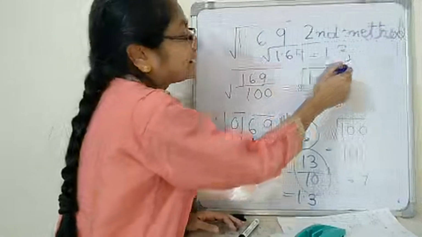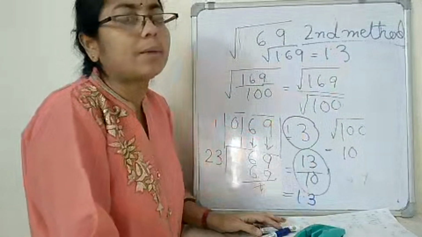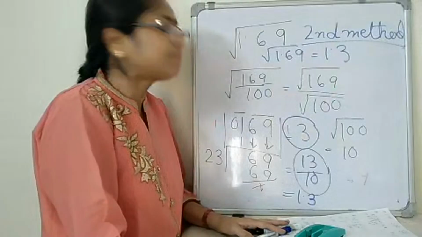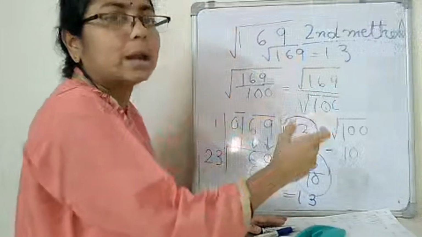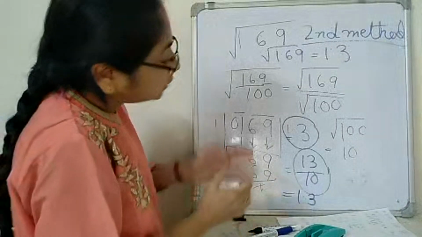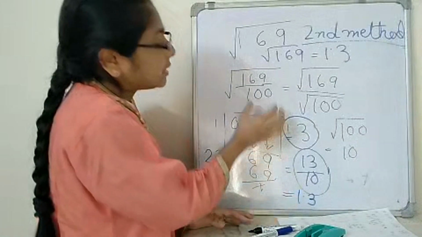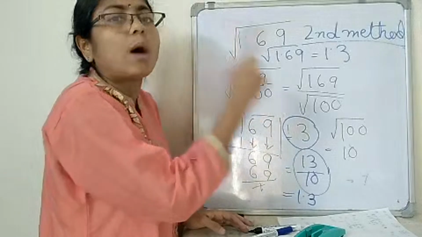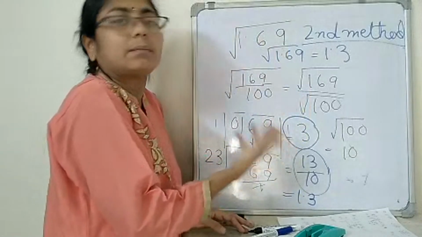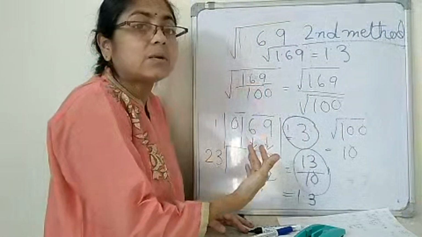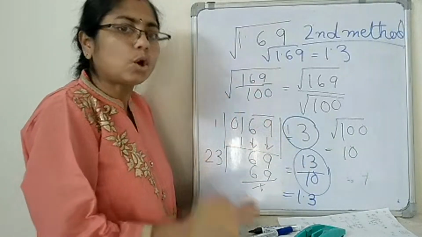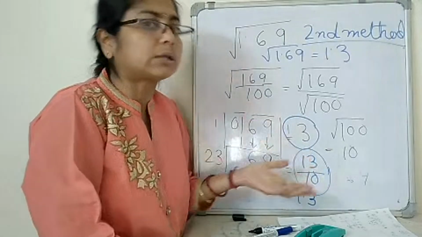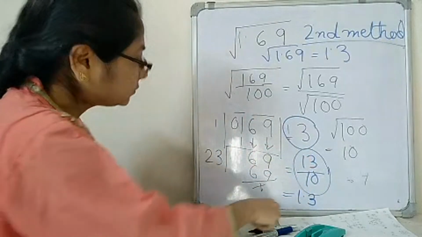First I do 169. According to the long method I told you previously, take two digits from the right side and make a bar so you do the math properly. So 69 I make a bar, and that leaves one digit, 1. You can make only one digit. Otherwise if you are confused, you make a 0 before that. Okay? No problem. 1 and 01 are both the same. Now start.